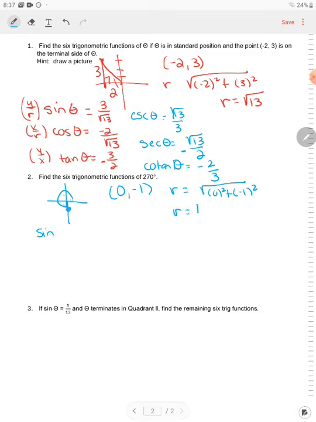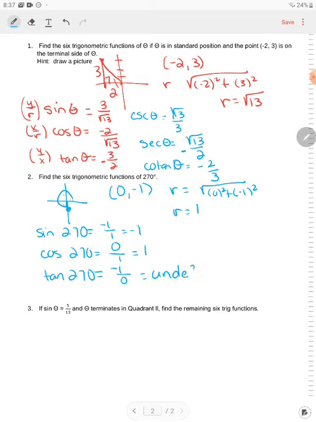So sine of 270 is equal to -1 over 1, which is -1. Cosine of 270 is equal to x over r, 0 over 1, which is 0. And tangent of 270 is equal to -1 over 0. You're not allowed to divide by 0, so this is undefined.